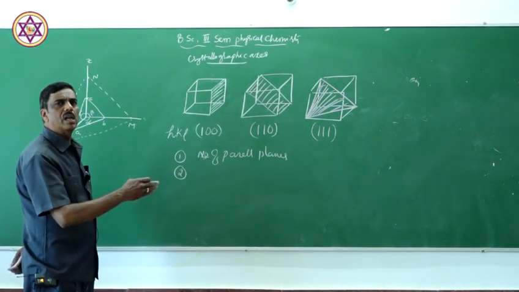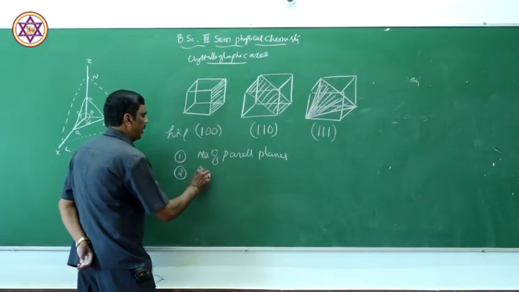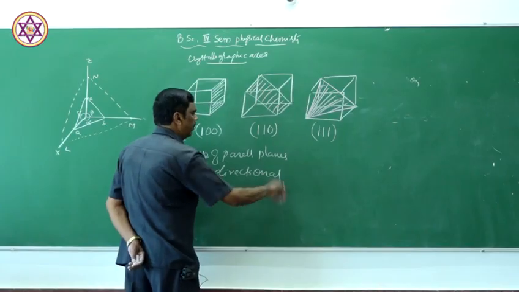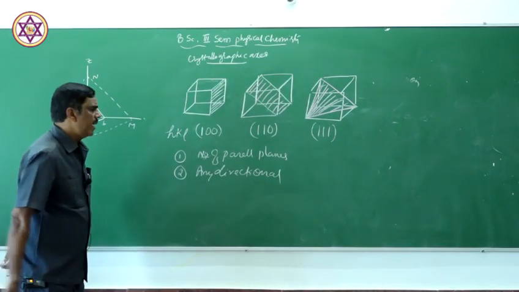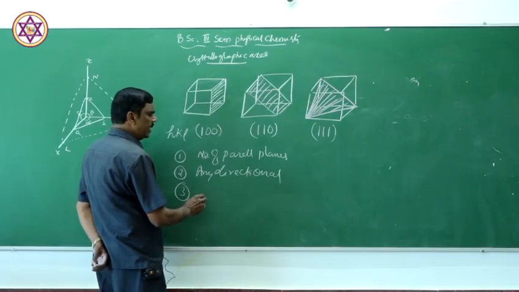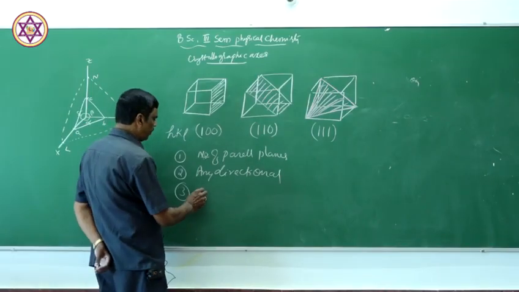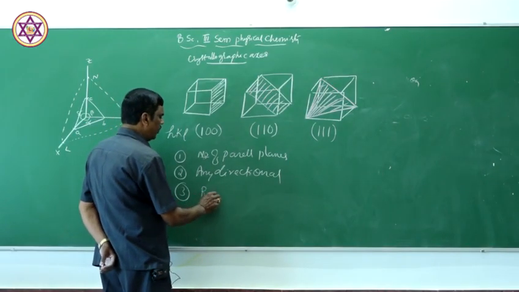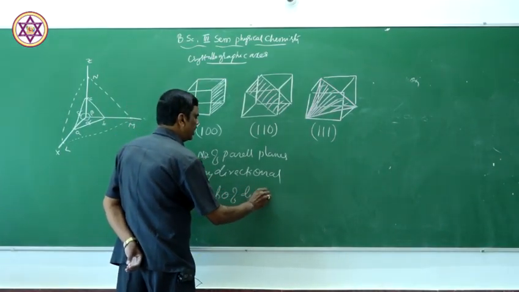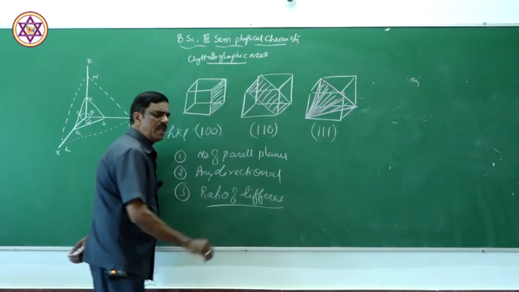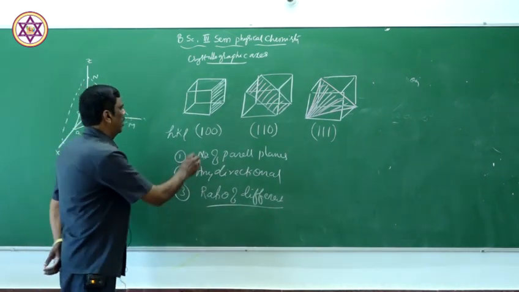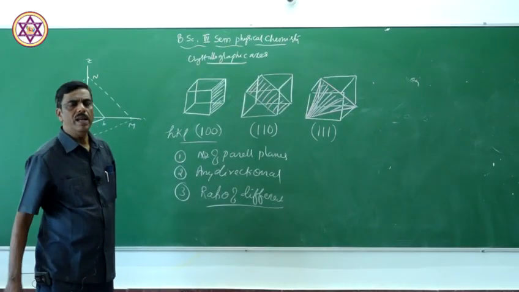Any directional plane can be recognized, and it is very easy to find out the interplanar ratio of the planes. Ratios of different planes can be easily identified. From this, we can find out the crystal shape or geometry of the crystal by using Miller indices.